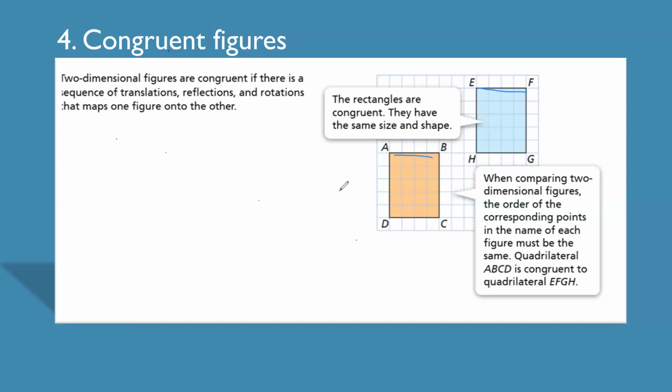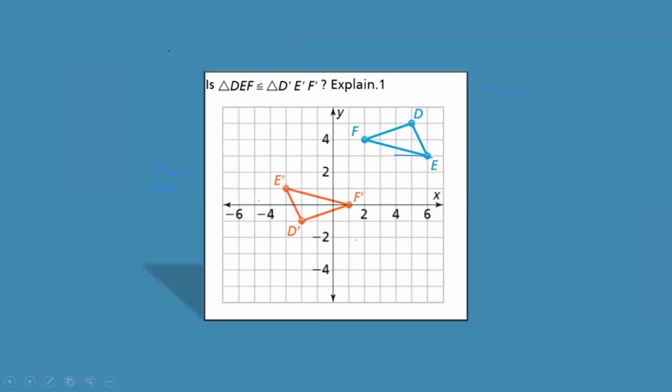Congruent means they are equal, but with shapes we cannot call them equal shapes. No, we call them congruent, and write this sign for that. This sign means two rectangles are congruent. Let's start the exercise. First one, is triangle DEF congruent with triangle D prime, E prime, F prime? Let's check.